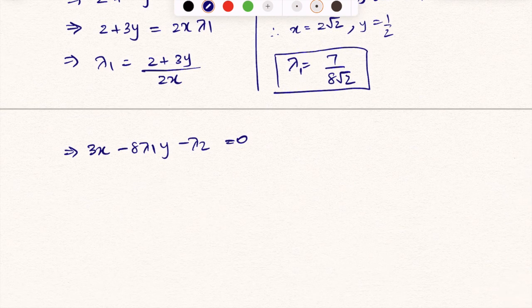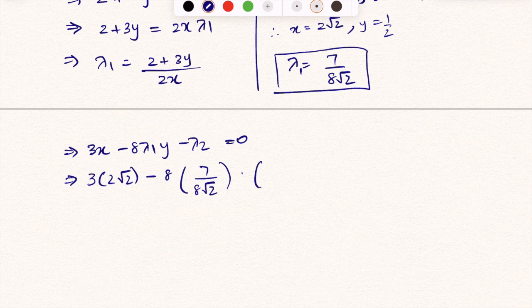We have a value for lambda 1, we have a potential value for x and a value for y, and so all we're doing is solving for lambda 2. So you take 3 times 2 root 2 minus 8 times 7 divided by 8 root 2 times 1/2, and set that equal to lambda 2.